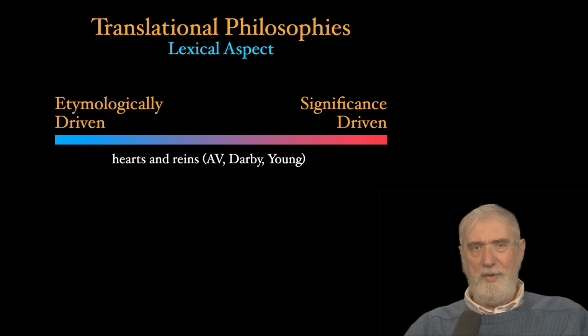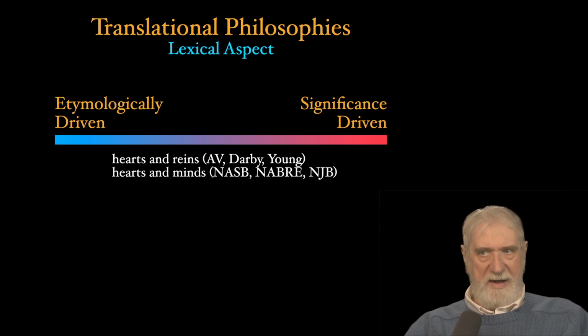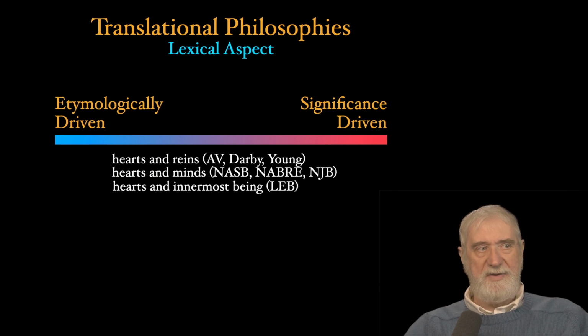So most people probably wouldn't know what that word means if we used it. Some more recent translations: New American Standard, the New American Bible Revised Edition, the New Jerusalem Bible translate heart and mind. The Lexham English Bible translates heart and innermost being. The ESV, the NIV, and the New RSV translate mind and heart.